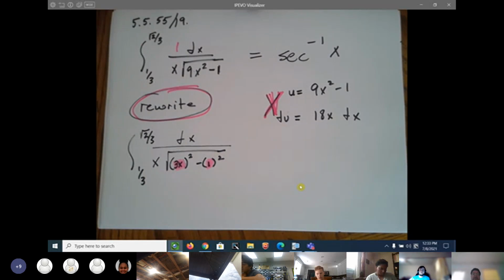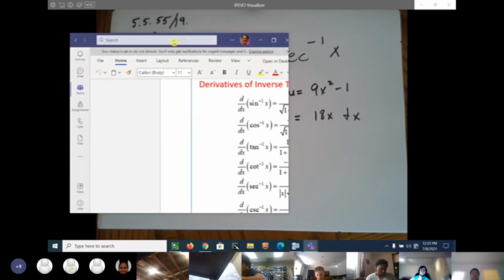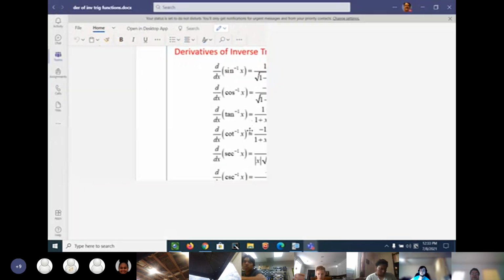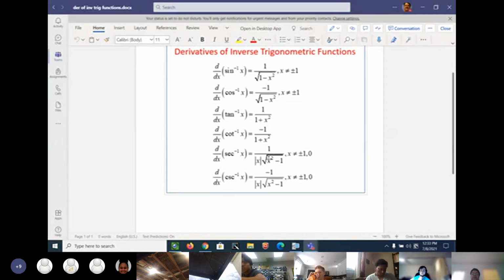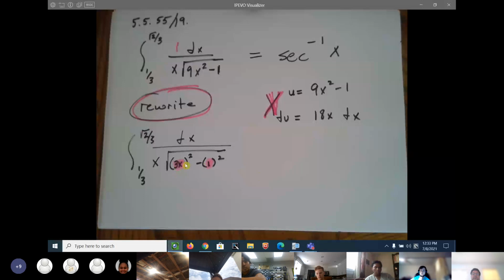Go back to your handy dandy sheet and somebody tell me what I just found. I found x. X is equal to what? 3x. I just found x. So x is equal to 3x.